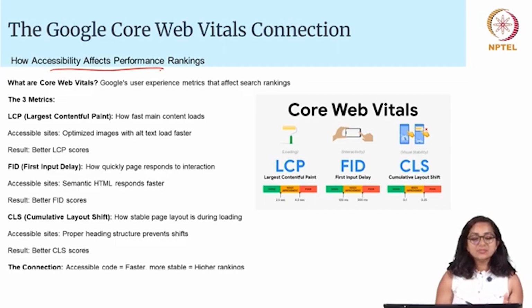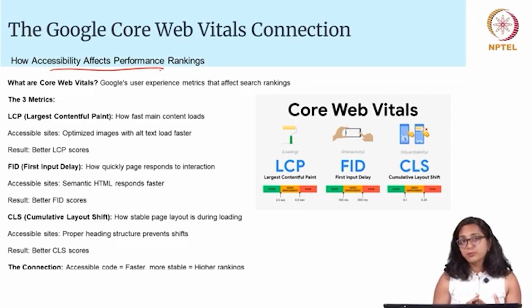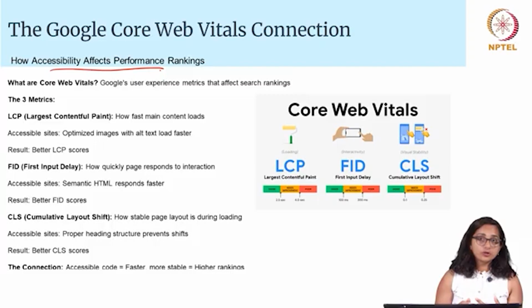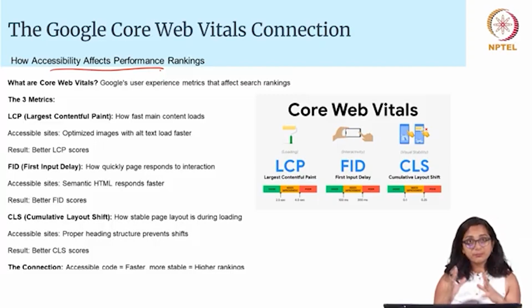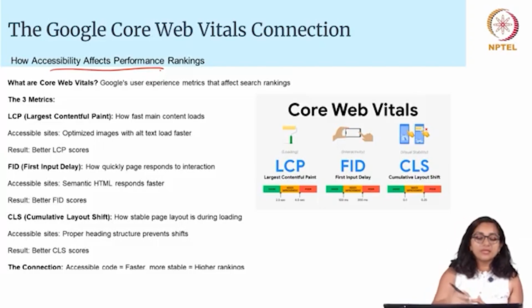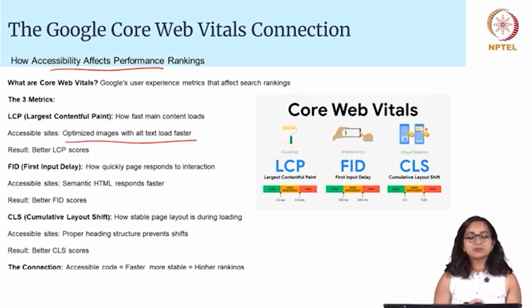Accessible sites have optimized images, not a lot of scrollable material, and not a lot of clutter on the main page. Optimized images with alt text load faster, resulting in better LCP scores.